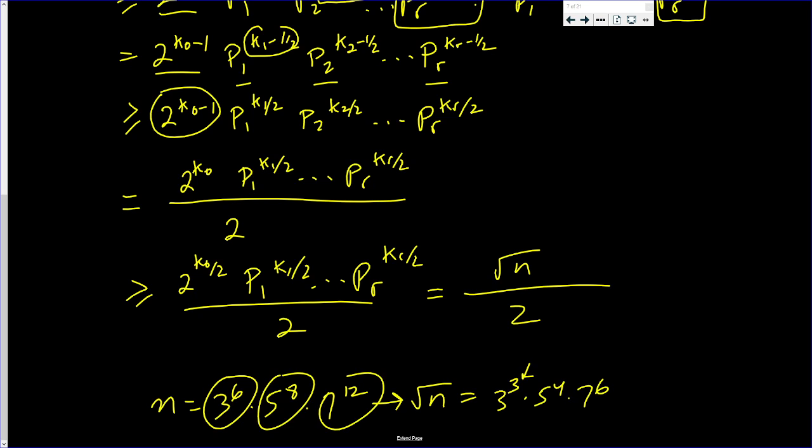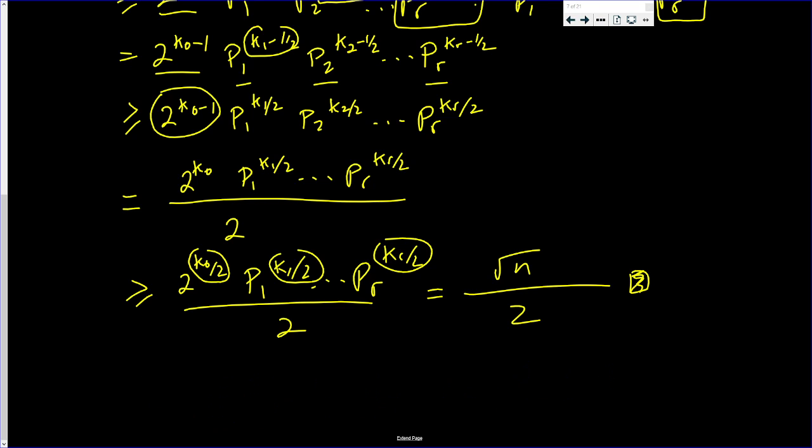The powers are just half. And that's exactly what we have. The powers are half of what they used to be. So we get the square root of n over 2, and the proof is completed right there. You don't need this. Hopefully it was helpful, but it's not part of the proof.